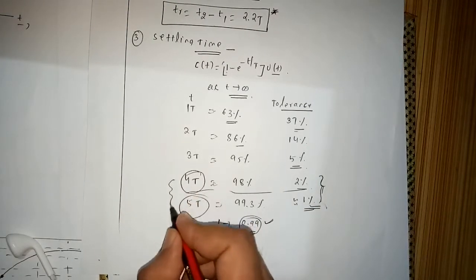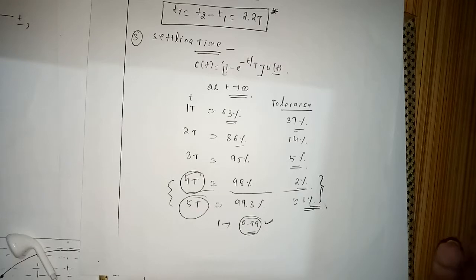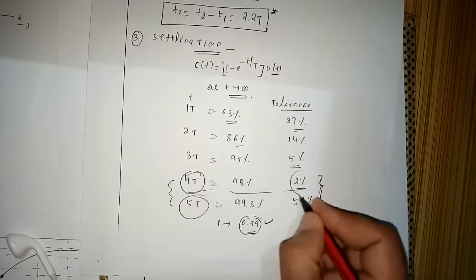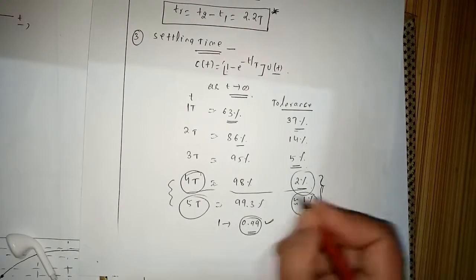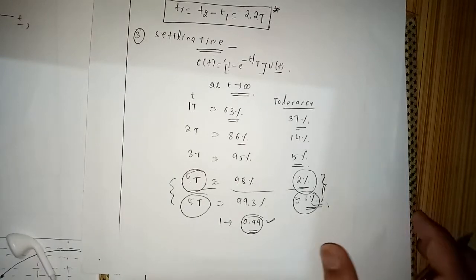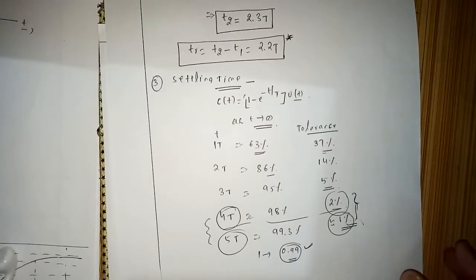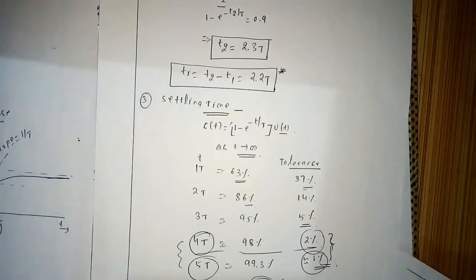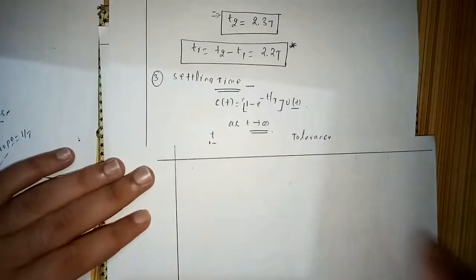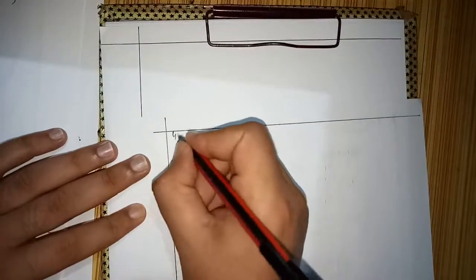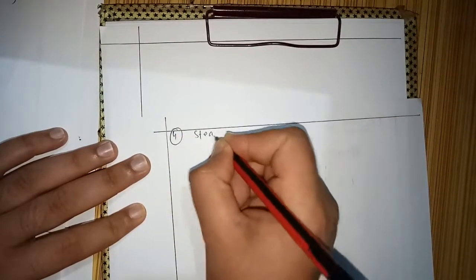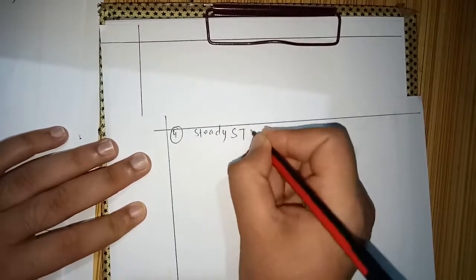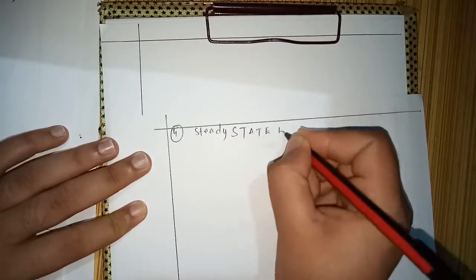You cannot generalize like 4T or 5T. You need to check what is given, whether 2% tolerance is permissible or 1% tolerance is permissible. That you need to look at. So that completes our discussion of settling time. The fourth thing is steady state error.